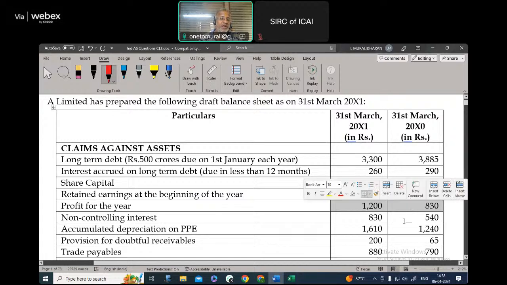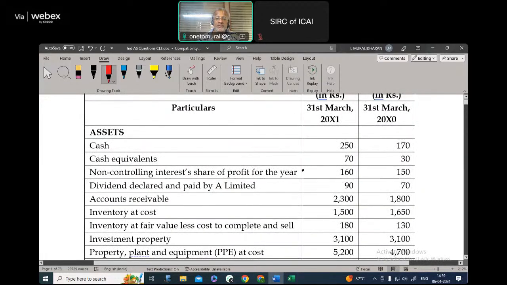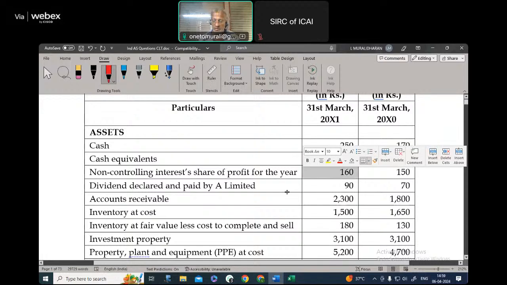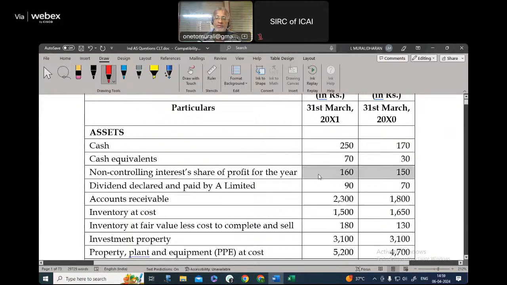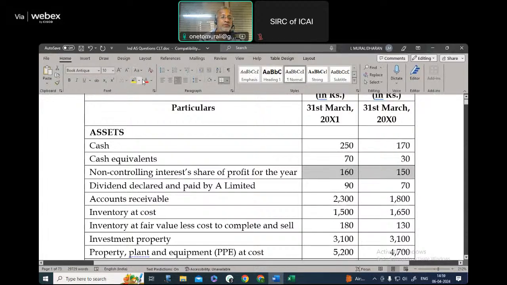From there, we will be deducting the amount attributable to non-controlling interest. So until such time, this item will be kept pending.